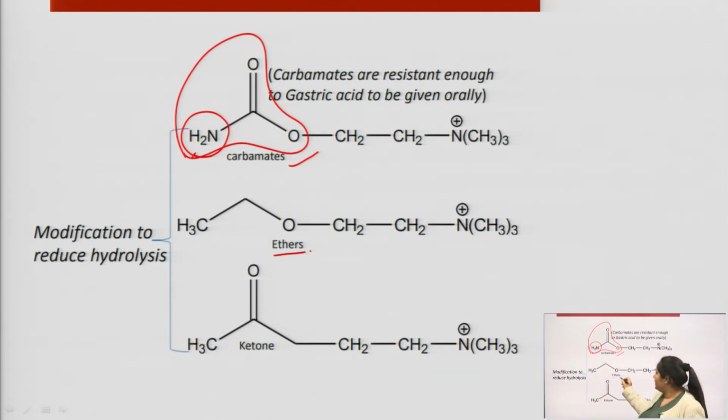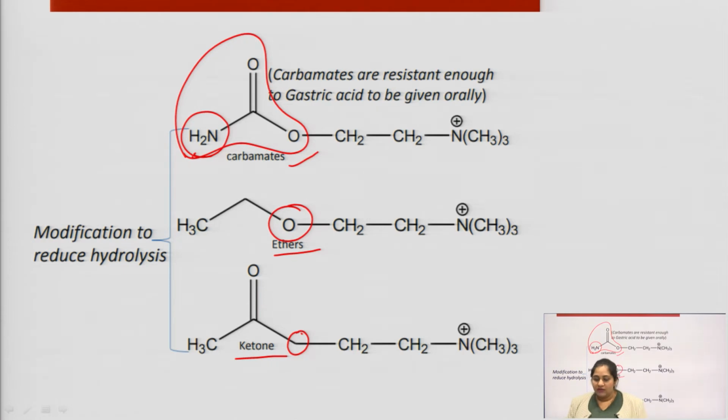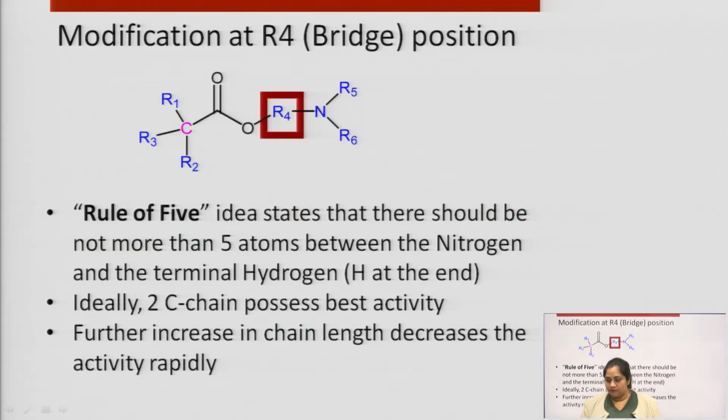Apart from that, ethers, where we have taken the ether group, or we can replace this COO moiety by the ketonic group, where the oxygen here is removed to make it a ketonic group. So these are the modifications that can be made so that the hydrolysis can be reduced.